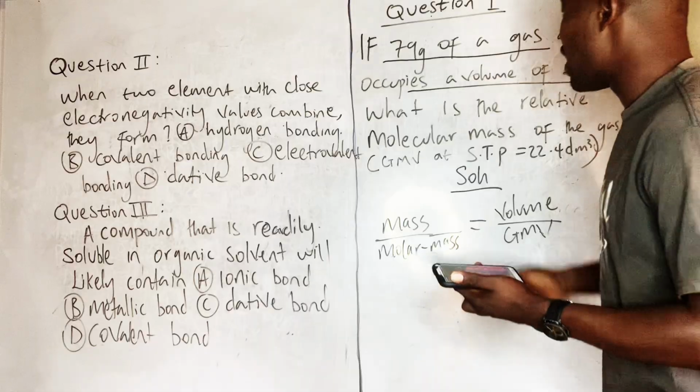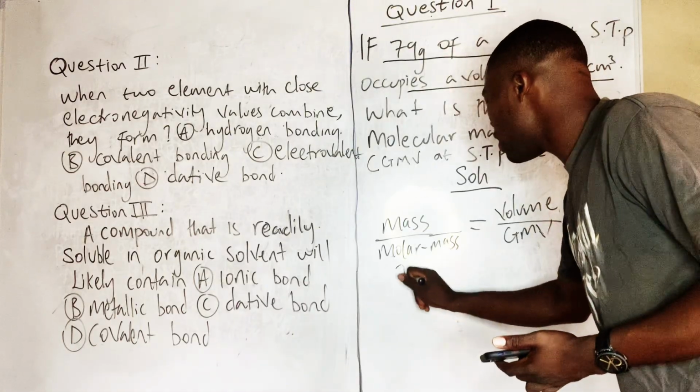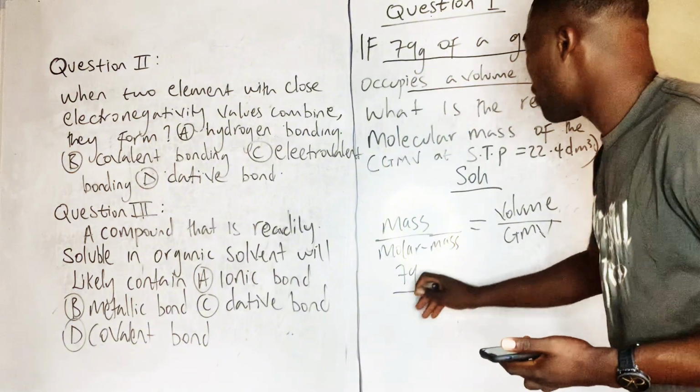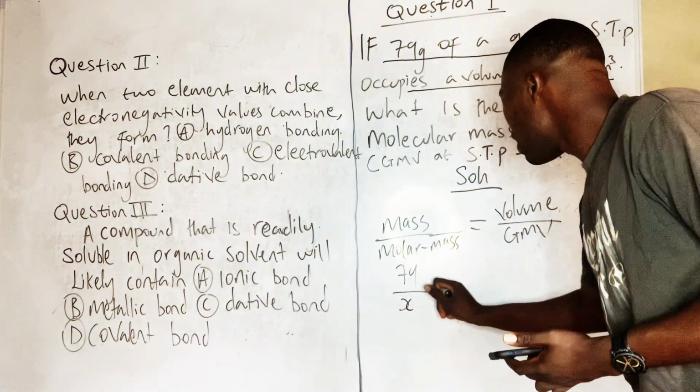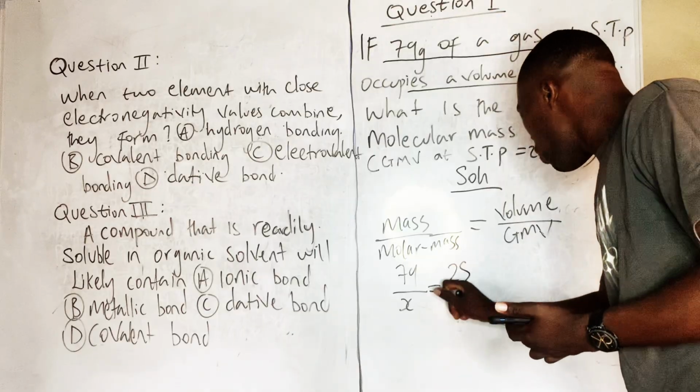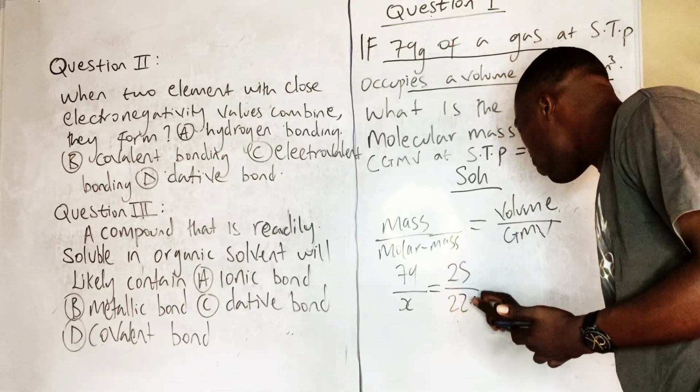The mass of the gas is 79, so 79 over the molar mass, x, equals the volume of the gas, 25, over GMV, 22.4.